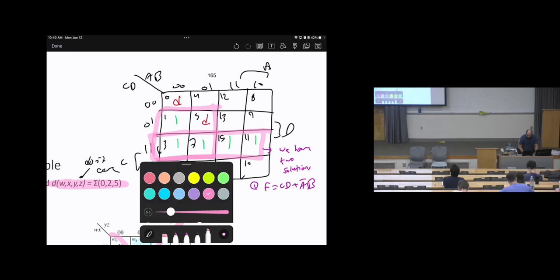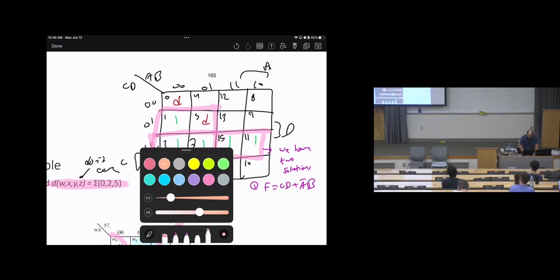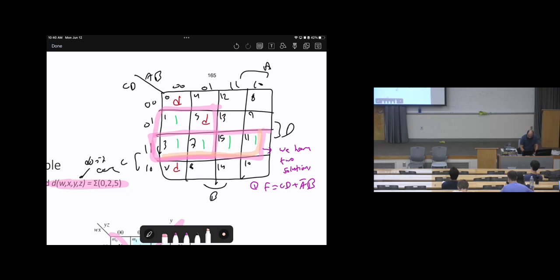Solution number 2: I can use these 4 and use this 4. The first part, which is this row, will be the same as CD, but the difference is in these parts here. It's located within the A bar B bar area.